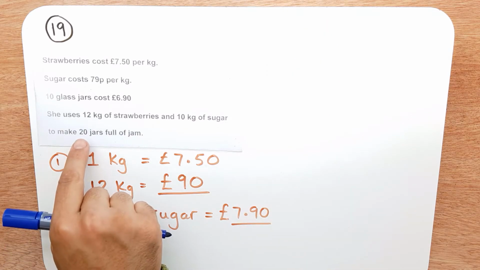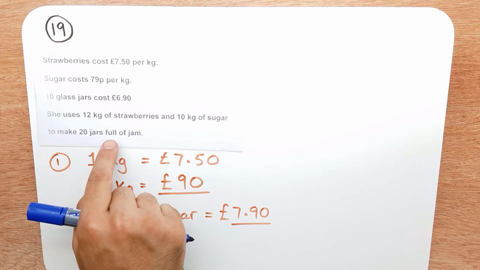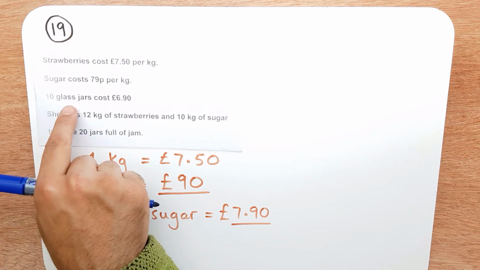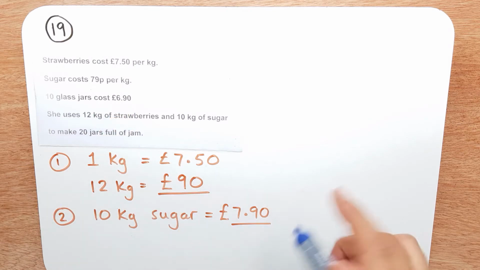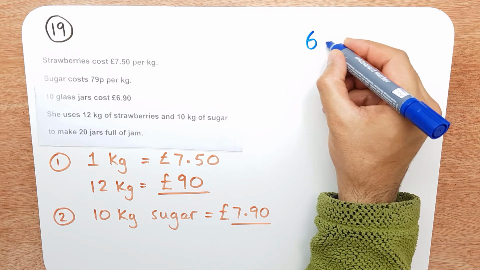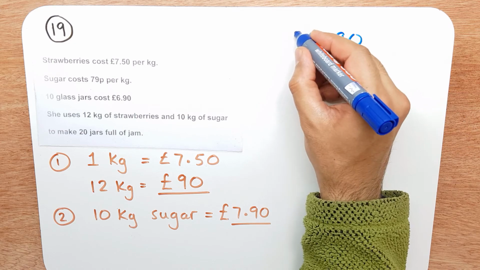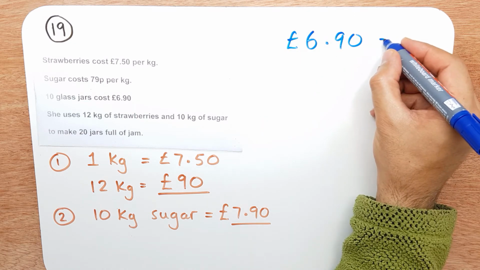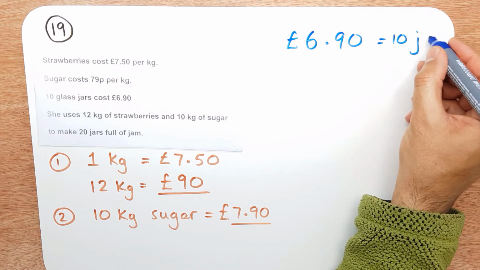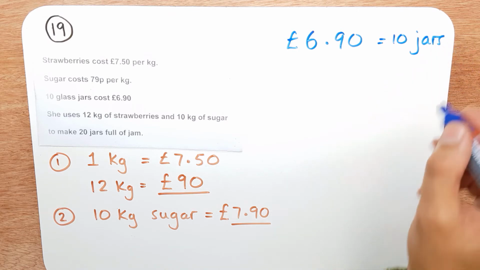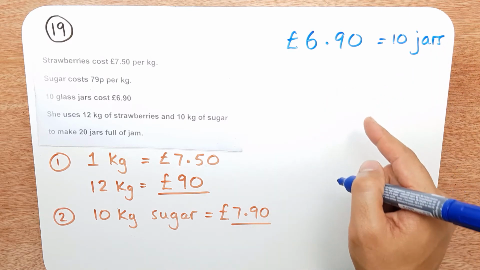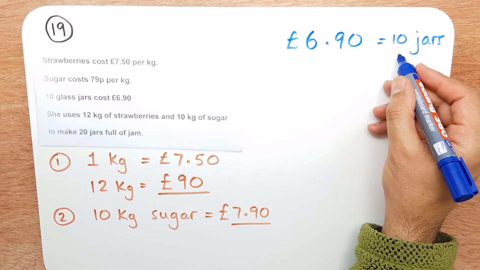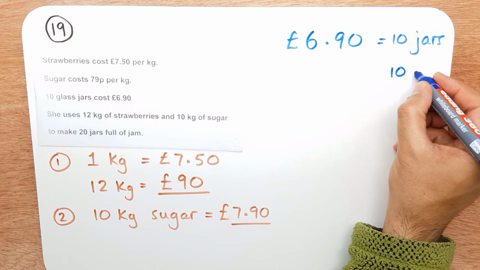So the third part is 20 jars are used and 10 jars cost £6.90. So £6.90 for 10 jars. Now, how much would 20 jars cost? That's quite straightforward because we add another 10 jars.